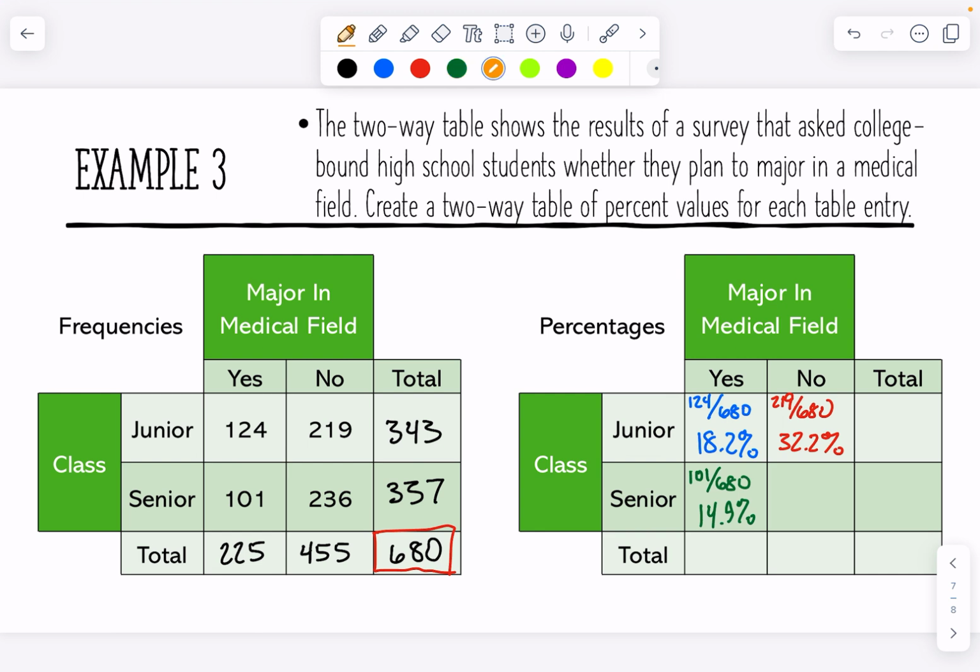And then finally, I have the number of seniors that will not, which is 236 out of 680. And dividing that, I'm going to get 0.3470, which is 34.7%.